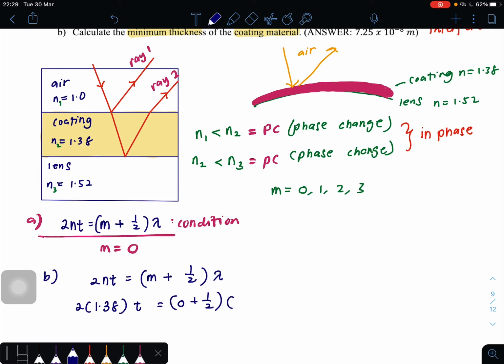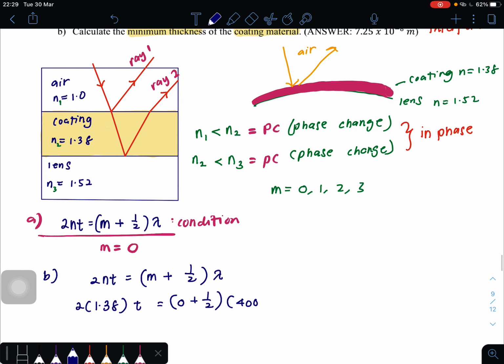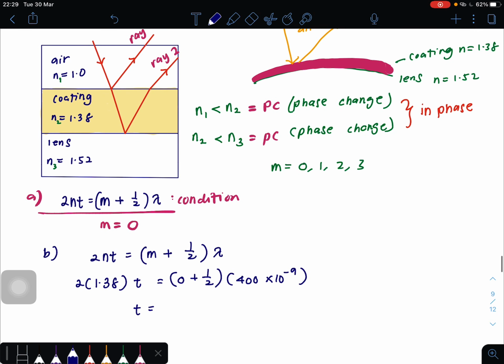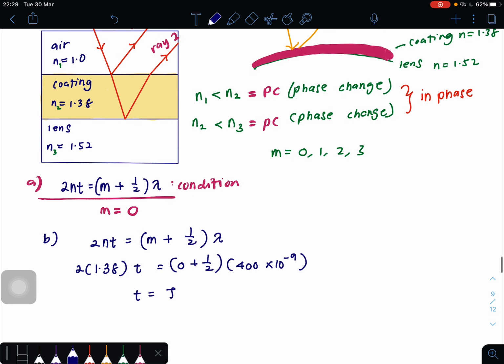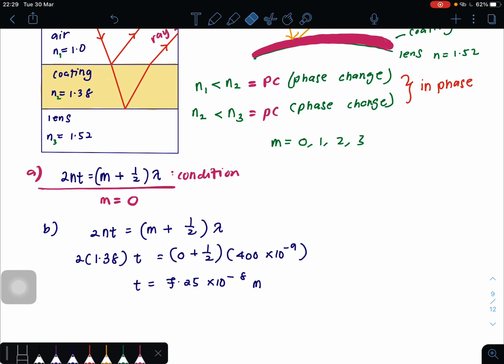And then lambda will be equal to 400 nanometer. 400 nano is 10 to the negative 9. So the thickness will be equal to 7.25 times 10 to the negative 8 meter. So this will be the minimum thickness. So label it here: t minimum.